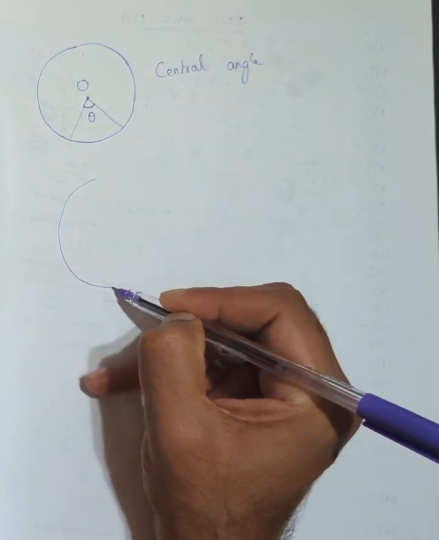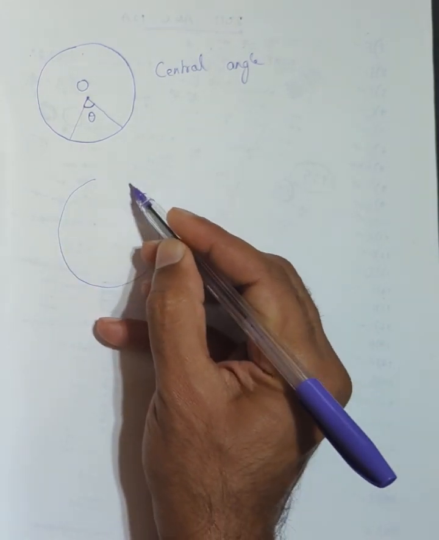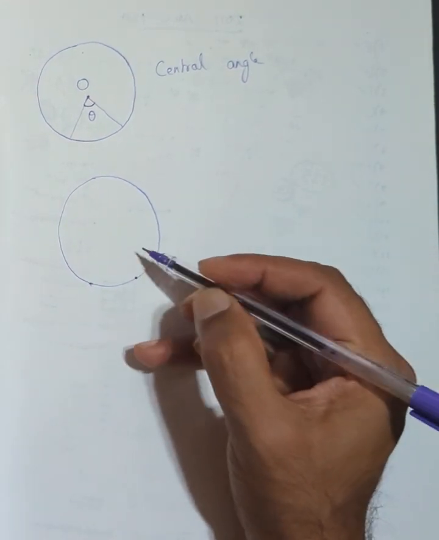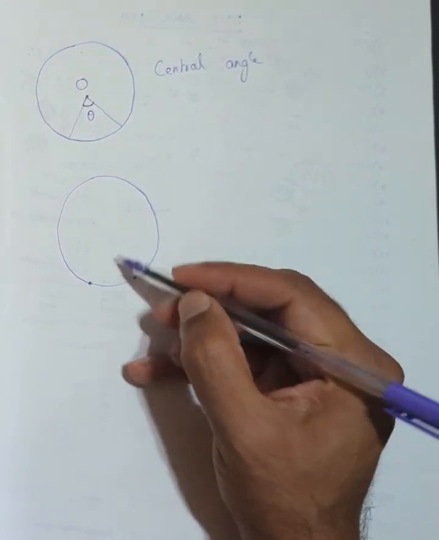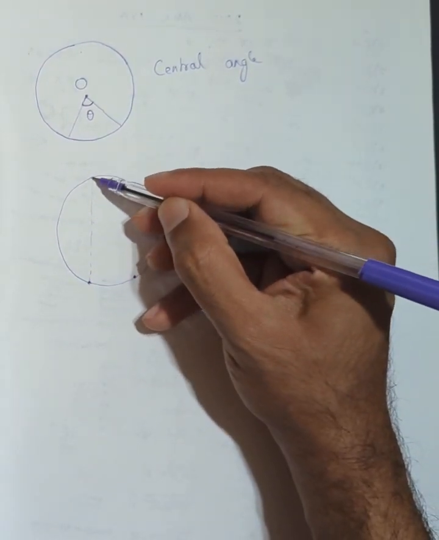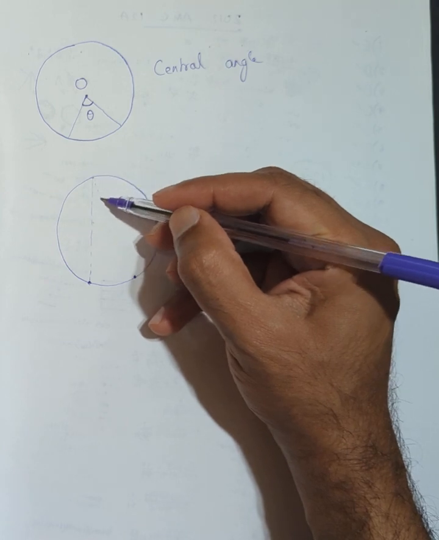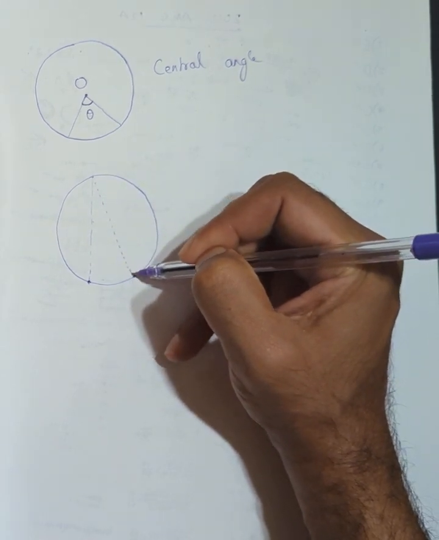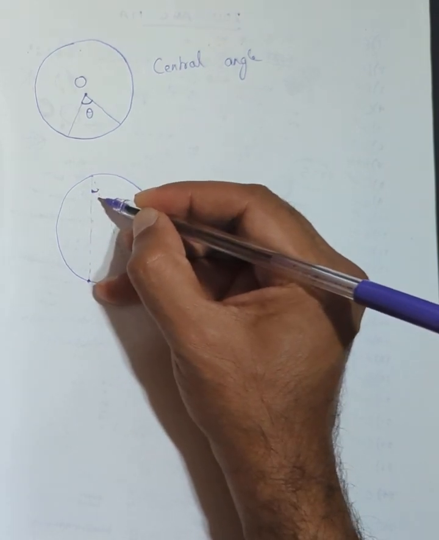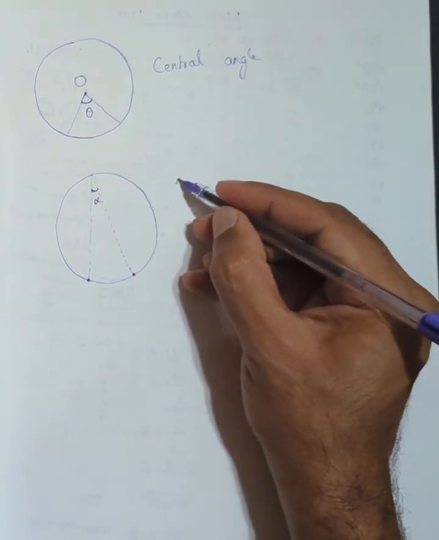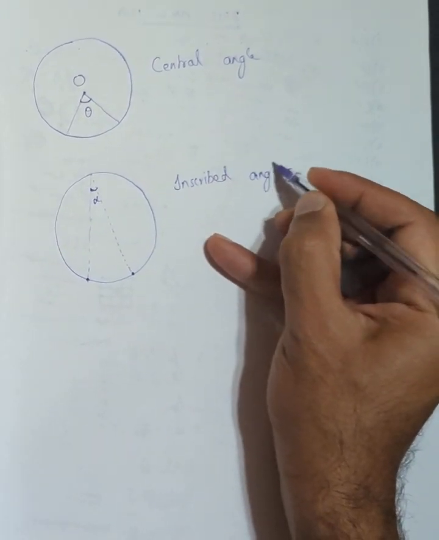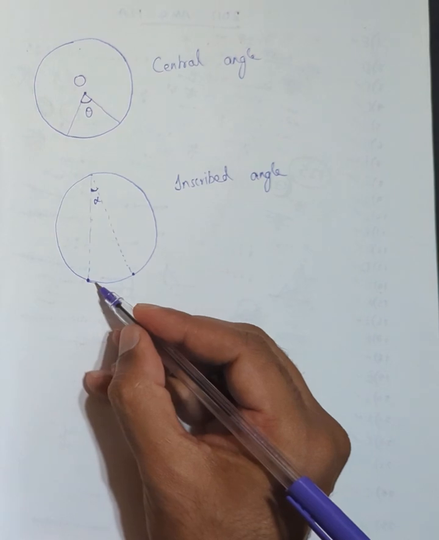And if I have a circle, now if I don't join these 2 points to the center, but to some other point in the circle, and let's say this angle is alpha, then this is called the inscribed angle for this arc.